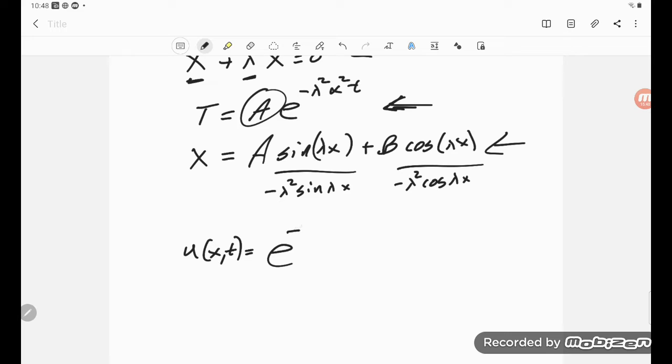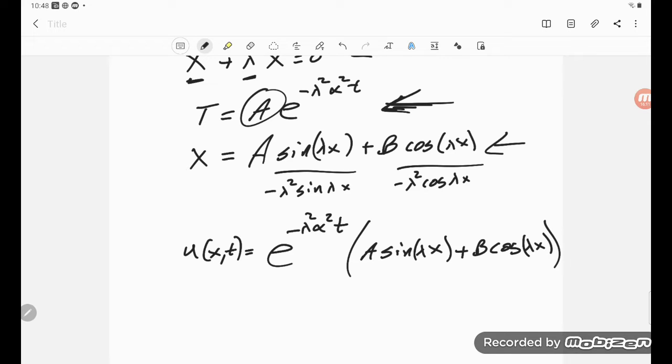And so we get e to the minus lambda squared alpha squared t from right here. And again, I'm moving the arbitrary constant inside, and we'll just call it an a sine lambda x plus b cosine lambda x. And there's our solution.